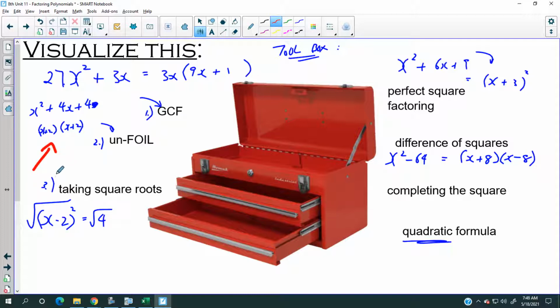Remember that worksheet, I think it was number 8, where I told you guys to factor, and it turns out you actually cannot factor it. There are no numbers that multiply to 4 and add to the middle term. You can't find the 2 numbers.